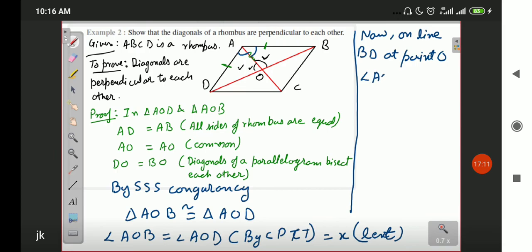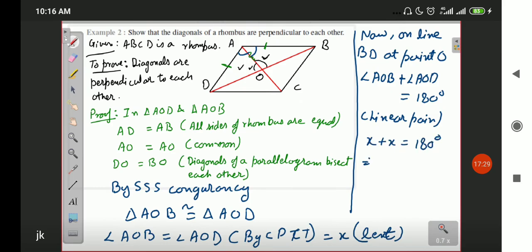Angle AOB plus angle AOD should be equal to 180 degrees. Why? Linear pair. So X plus X is 180 degrees. That means 2X is equal to 180 degrees. That means the value of angle X should be equal to 90 degrees.